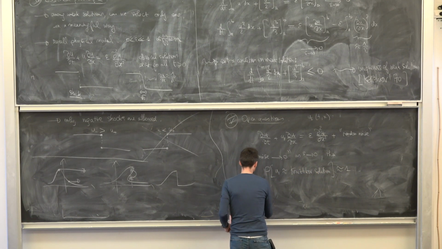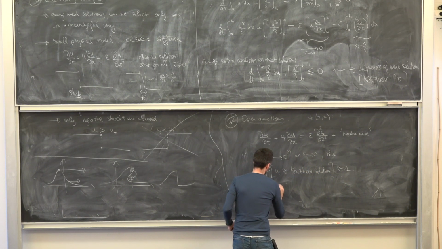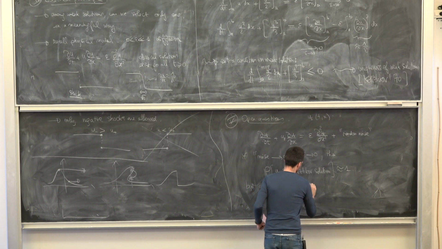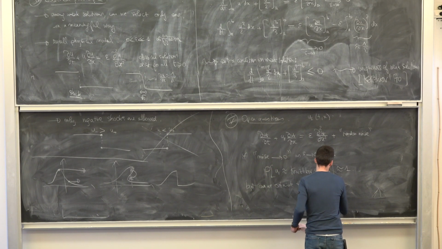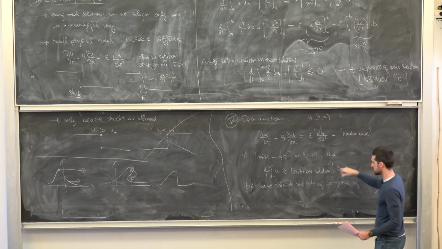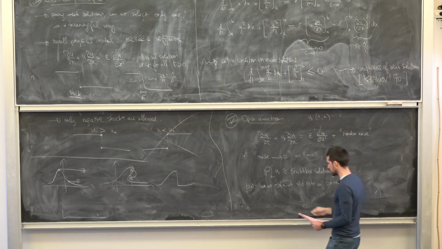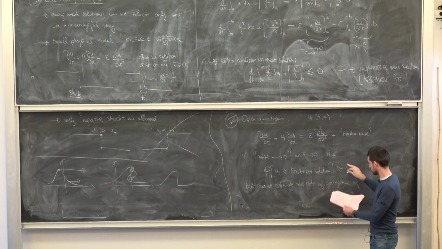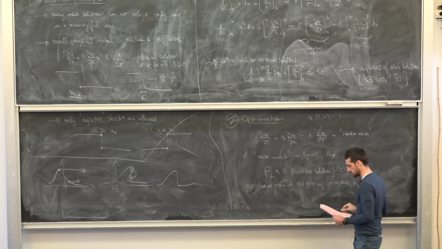So the question is, can we estimate the rate of convergence of this type of statement as epsilon goes to 0? In fact, it's better to think of it as the probability that is not close to 1, but close to 0.